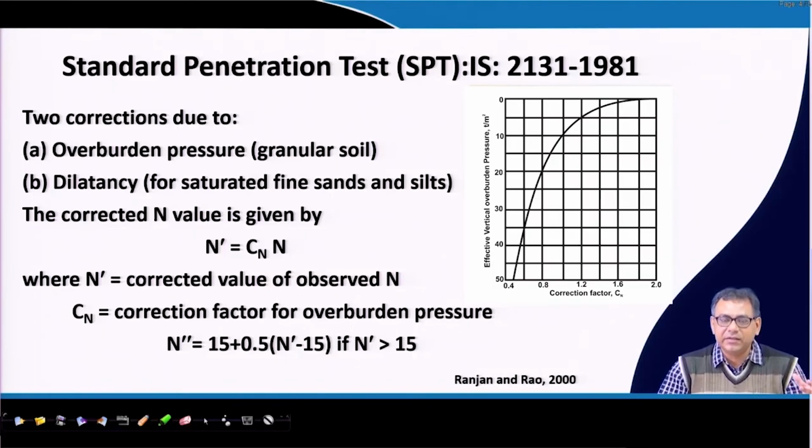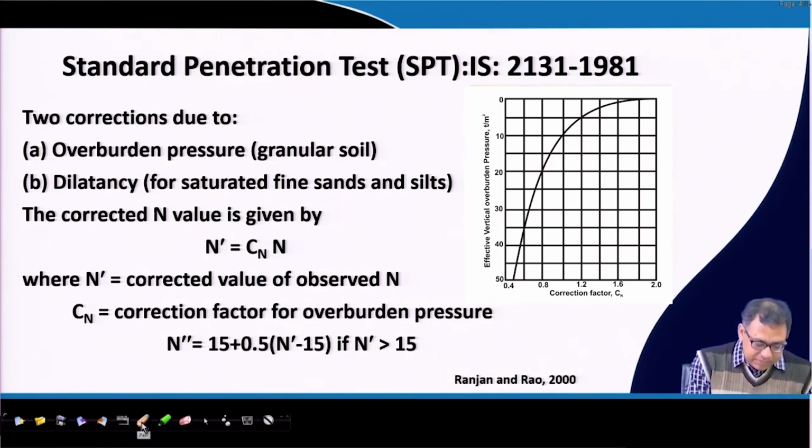So, volume will increase. Because the volume will increase, if the soil is dry, then also this dilatancy correction is not required. If the soil is saturated, because of this expansion of the volume, the negative pore pressure will develop. Okay? So, negative pore pressure will develop. Because of the negative pore water pressure, what will happen? Your strength will increase.